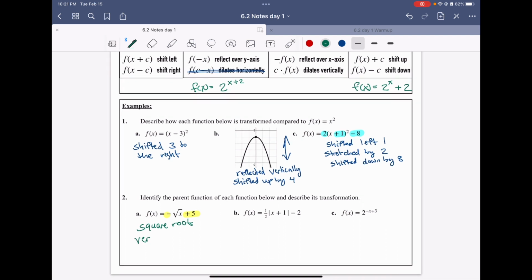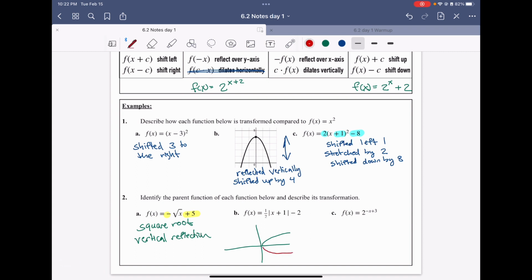So a vertical reflection. And then, I'm going to draw it over here. So remember, my square root looks like this. And a vertical reflection means it's going to flip upside down. So that means my new one is going to look like that.